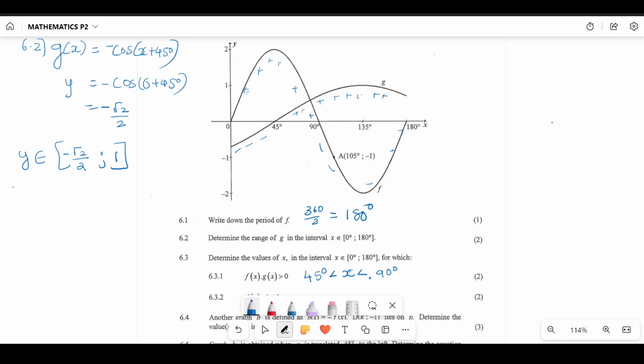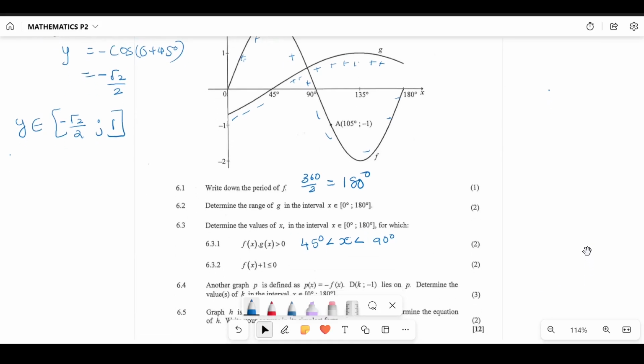6.3.2, f of x plus 1 less than or equal to 0. f of x plus 1 less than or equal to 0 means f of x less than or equal to negative 1. Where is f less than negative 1? It's here. This is negative 1. Less than negative 1 is from here to here.